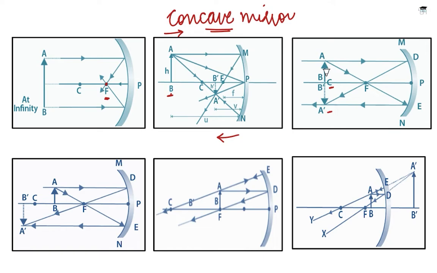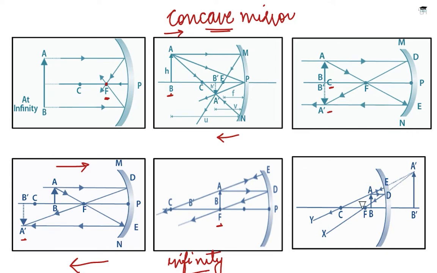Next we have moved the object between C and F. Now the image is beyond C, and as the object moves in this direction, the image moves in the opposite direction. When the object is at focus, the image is at infinity. Earlier the object was at infinity and the image was at focus; now the object is at focus and the image is formed at infinity.